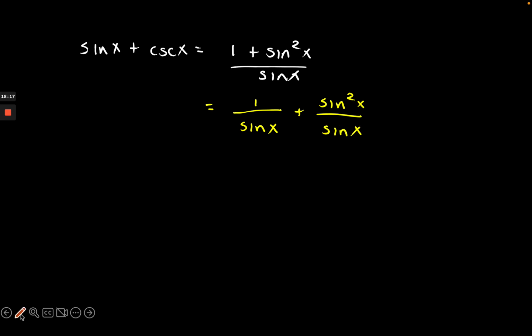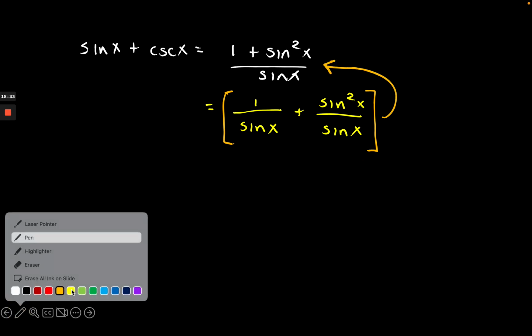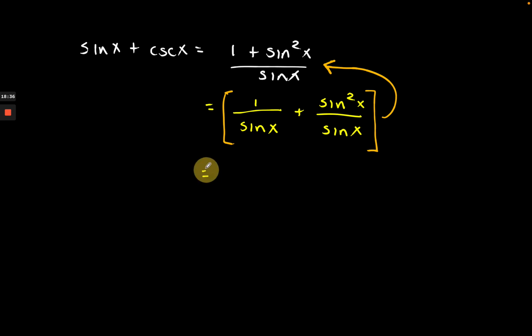Now, when I do things like that, I always like to double check, like go back again. Say, okay, if I started with this, would this combine to equal that? And yes, it would. So now that we've done that, it looks pretty nice and simple because I know that 1 over sine is cosecant x.